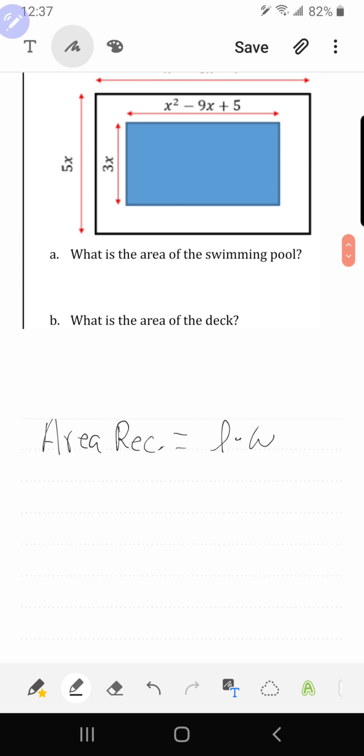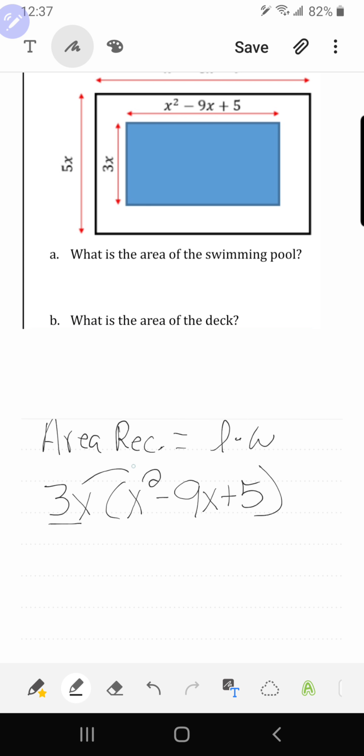My length is 3x. That's a monomial, 3x. My width is x squared minus 9x plus 5. So now what do I do? Well, I have a monomial and a trinomial: 1, 2, 3 terms, trinomial.